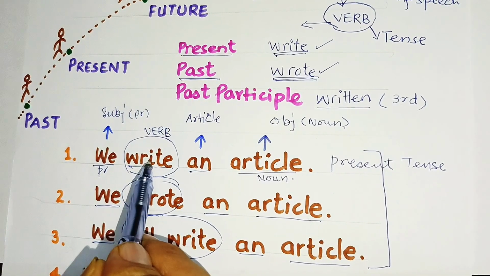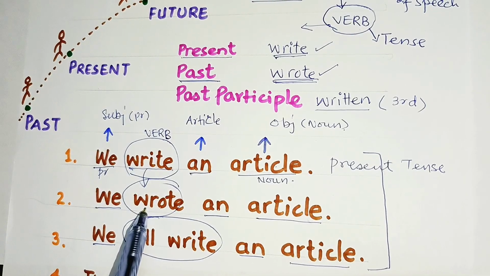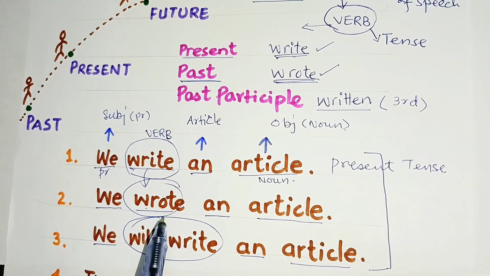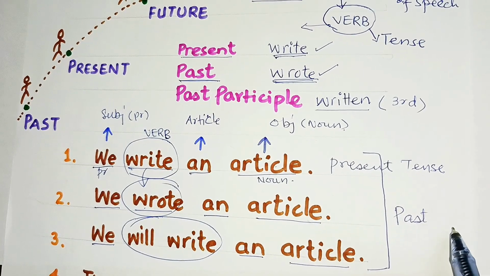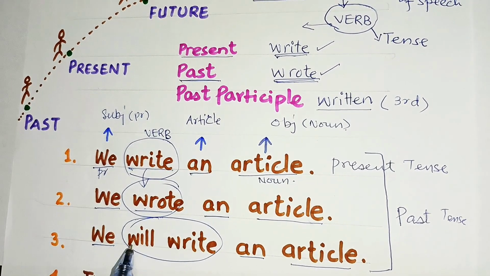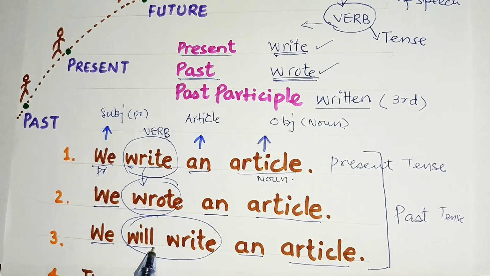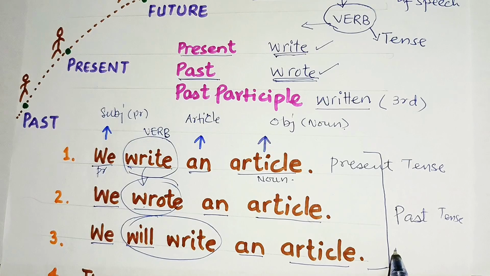In the second sentence, all of a sudden we can see that there is a shift from write to wrote. So the word wrote is indicating that this particular sentence is in past tense. Then we understand that if there is will or shall, then that sentence will be from future tense.